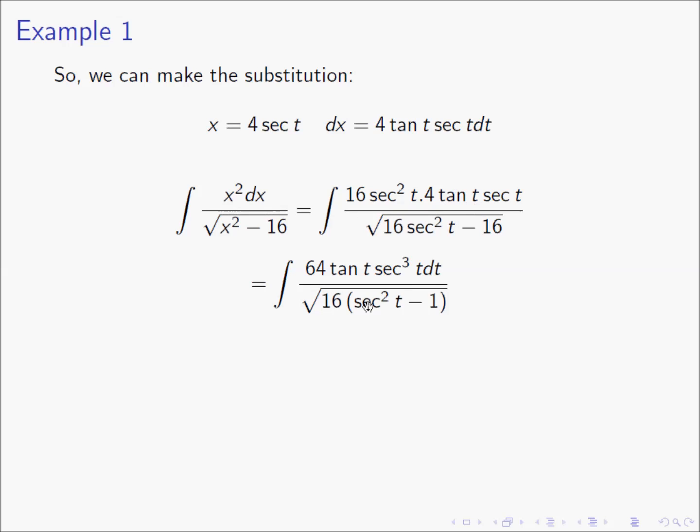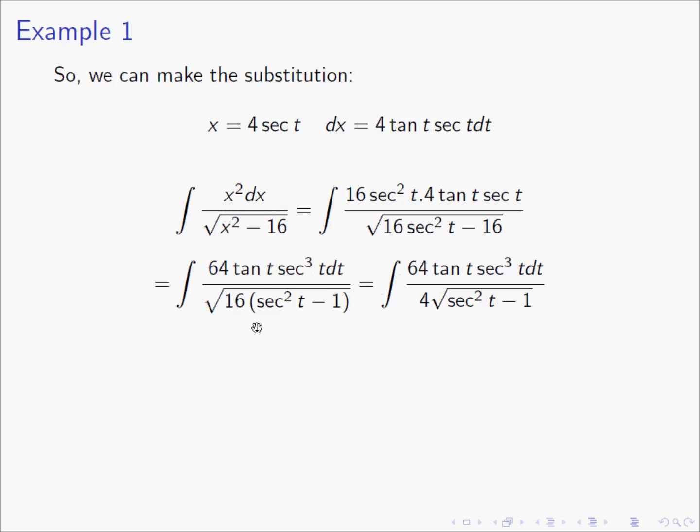Then we have the tangent of t, and we will have secant cubed of t. In the denominator we can factor the 16 like this to get this expression. And now we can take the 16 out of the square root sign. Well, we just did that.